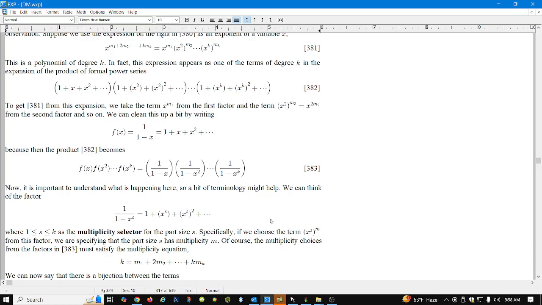To put it bluntly, if we choose this term, x to the s to the power m, from this expansion, what we are doing is specifying that the part size s has multiplicity m. In other words, there are m copies of s in our partition of the integer k.